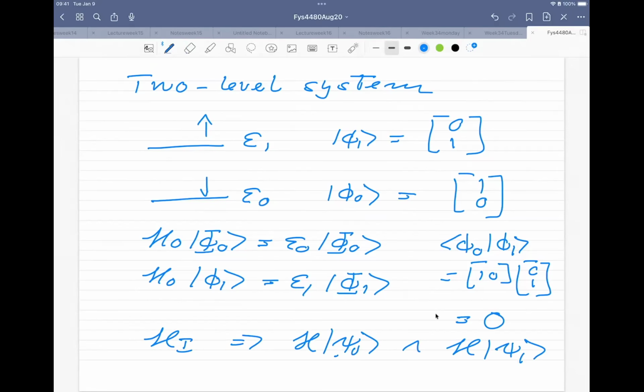Now, what happens when we use this as our computational basis? This is actually what we are going to use. I call this an orthogonal and normalized basis, but I wanted to emphasize a kind of wording which I'm going to use. So this is going to be our computational basis.